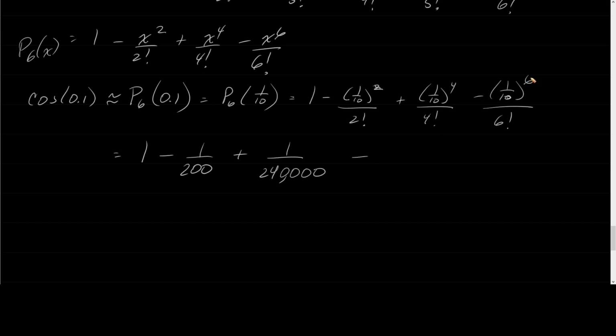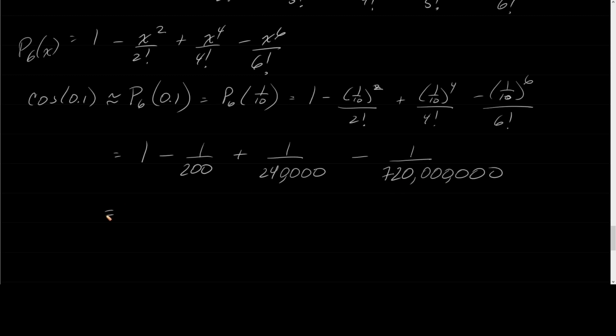Minus 1/10 to the 6th. Well, that's going to be 1 over 10 with 6 zeros, and then 6 factorial. 6 factorial is 6 times 5 times 4 times 3 times 2 times 1. That is 720. So really here we have 1 over 720 times 6 zeros.